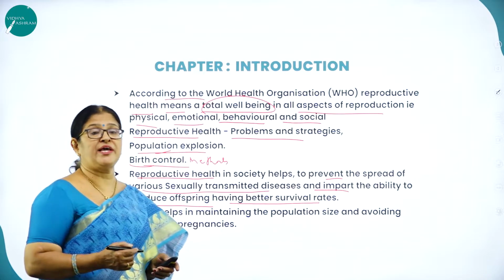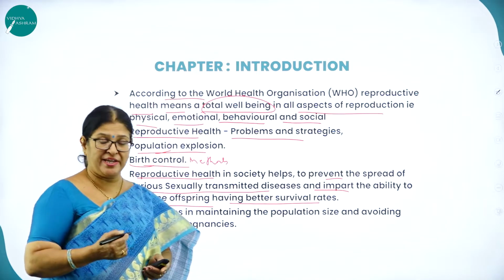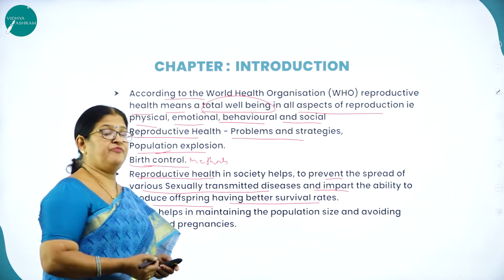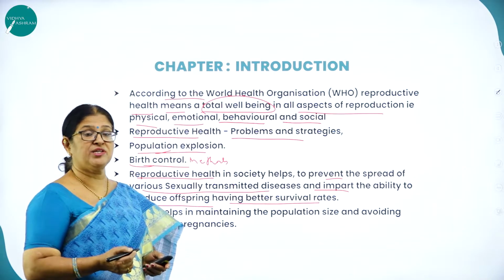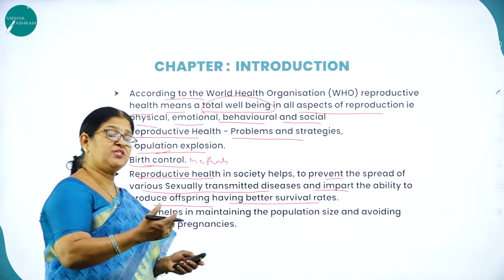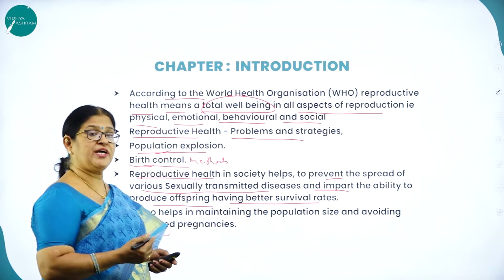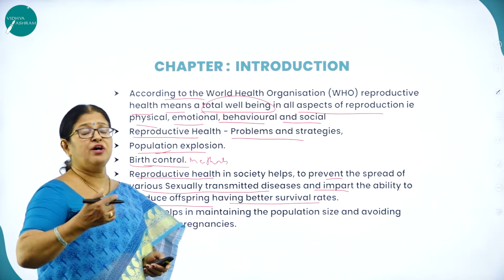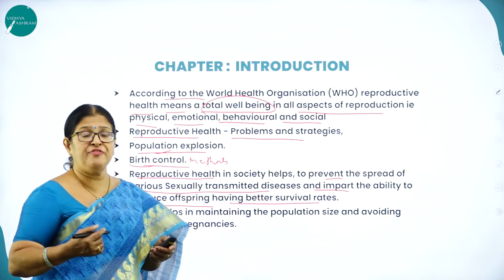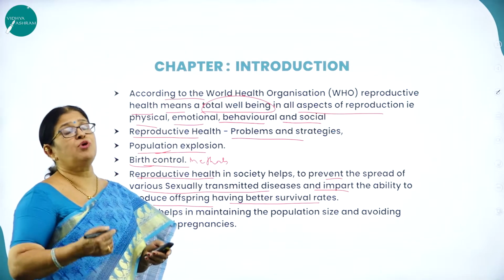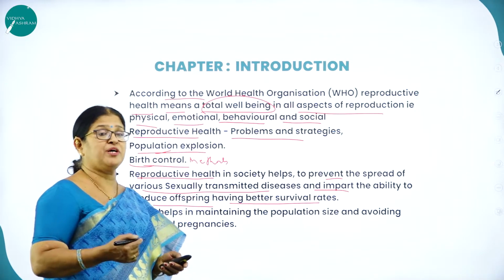For example, take the age of marriage: in females it is 18 years and in males it is 21 years. I think all of us know the government has banned child marriage. A female will not be physically fit enough to carry a baby, so what will be the after effects if she becomes pregnant?